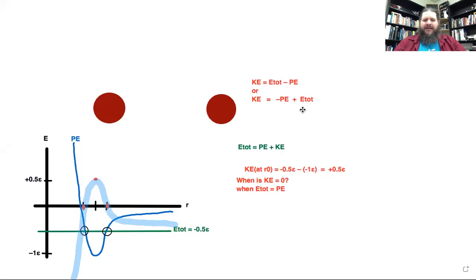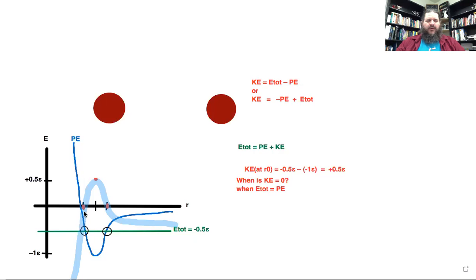However, if we want this to be a kinetic energy graph, what values can't be for kinetic energy? Kinetic energy can't be negative. It can only be positive or zero.